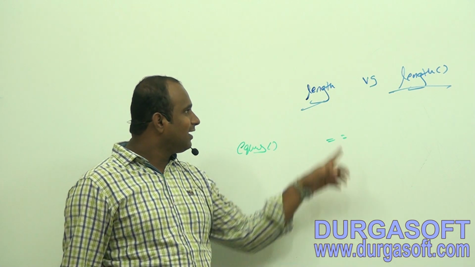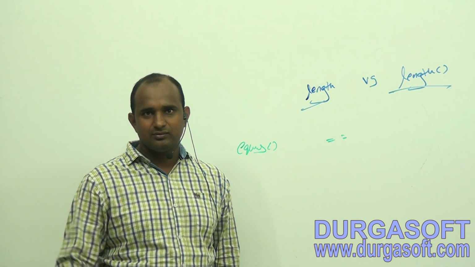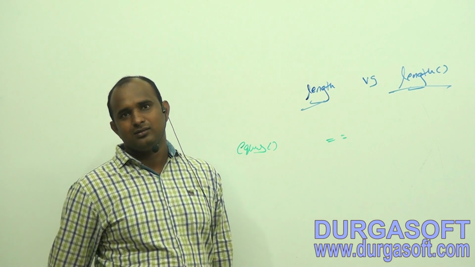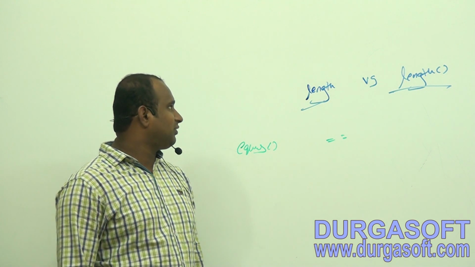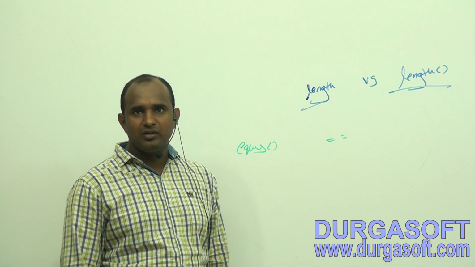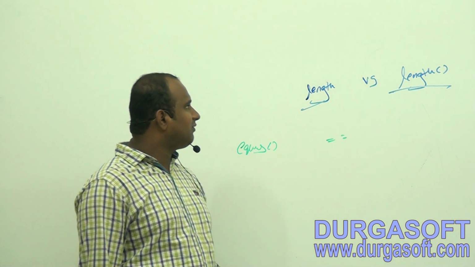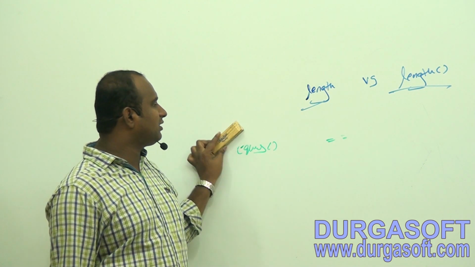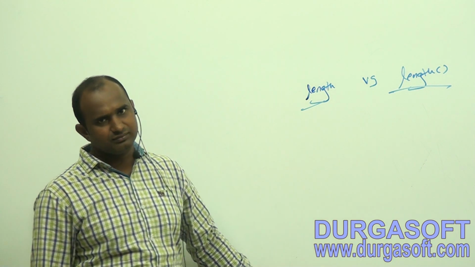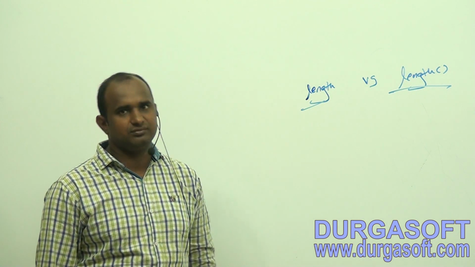But I am saying length is a variable used to find the length of the array, the size of the array. length() is a method used to find the length of the string.